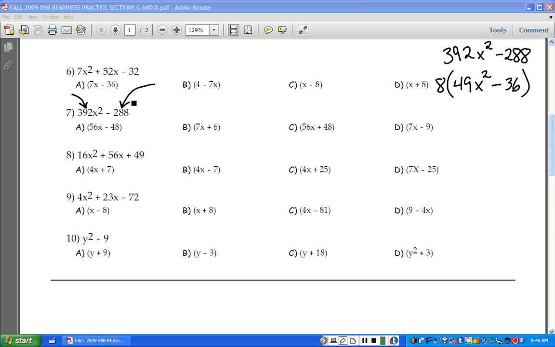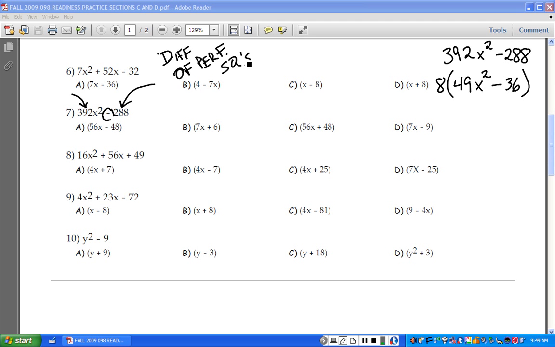Based on what we've learned for factoring binomials in this chapter, as long as we have 2 terms and a minus sign in the middle, then what we're looking for is the difference of perfect squares.